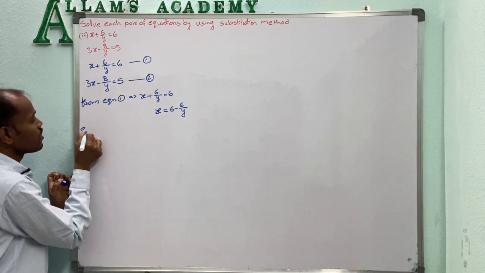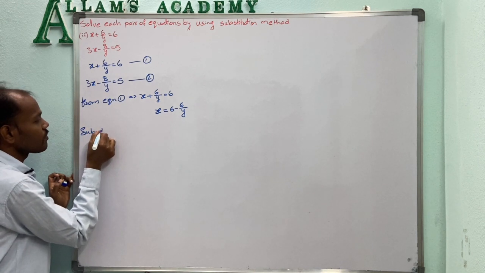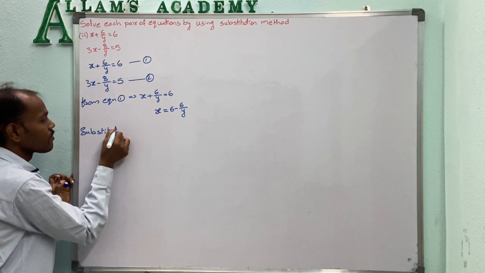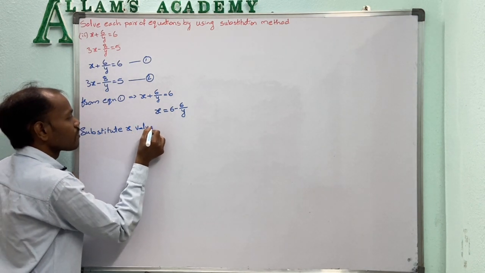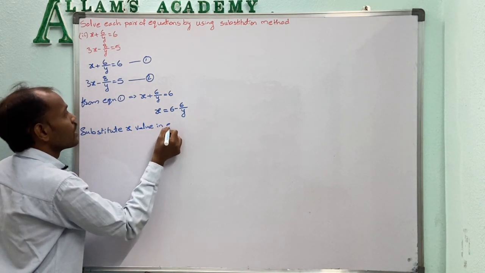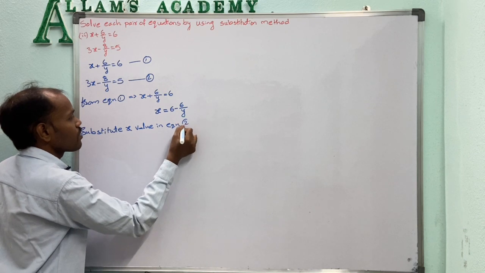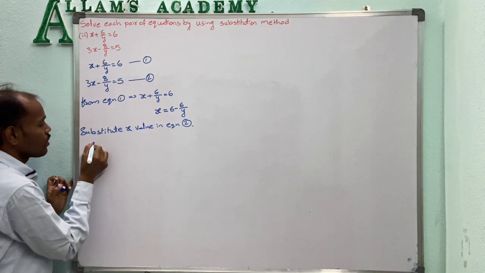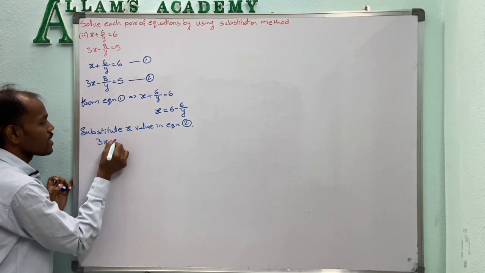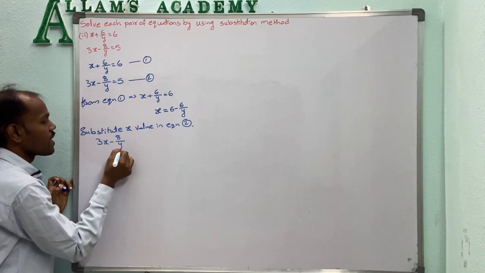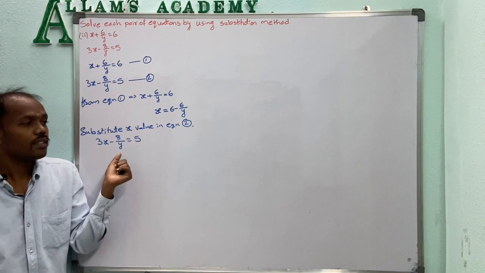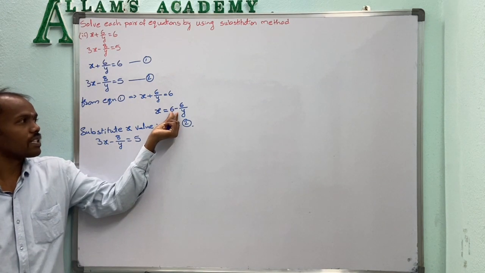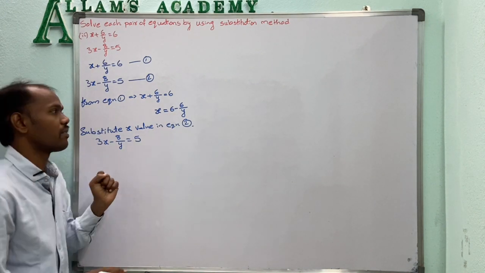So substitute the x value in equation 2. The second equation is 3x minus 8 by y equal to 5. Now in place of x, substituting 6 minus 6 by y.